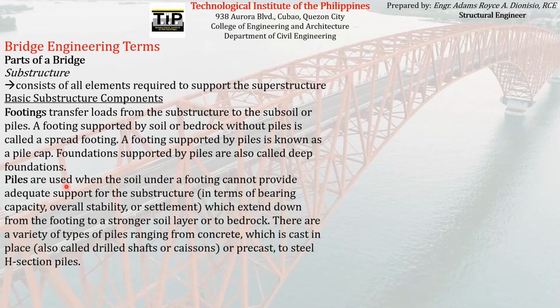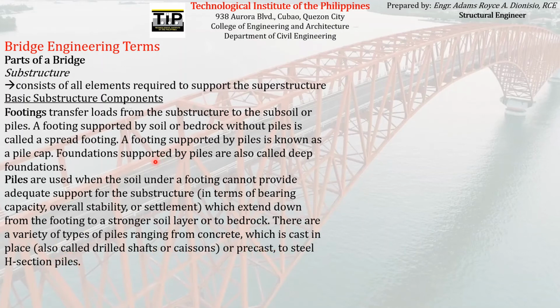A pile or piles are used when the soil under a footing cannot provide adequate support for the substructure in terms of bearing capacity, overall stability, or settlement, and they extend down from the footing to a stronger soil layer or to bedrock. There are a variety of types of piles, ranging from concrete, which is cast in place, also called drilled shafts or caissons, or precast, to steel H-section piles.